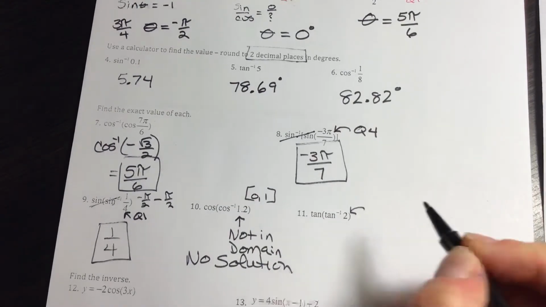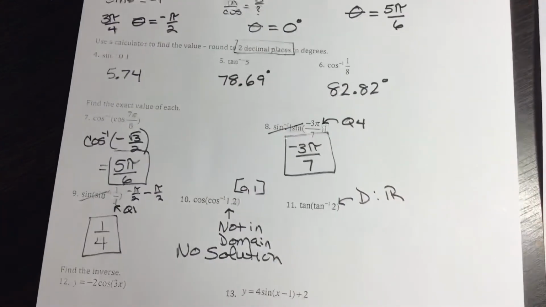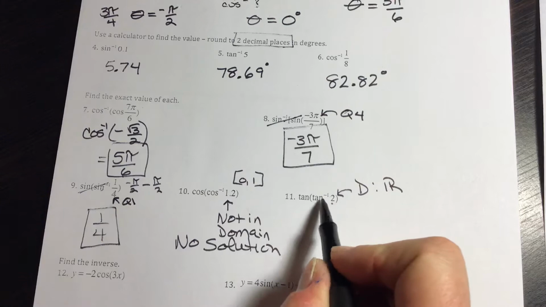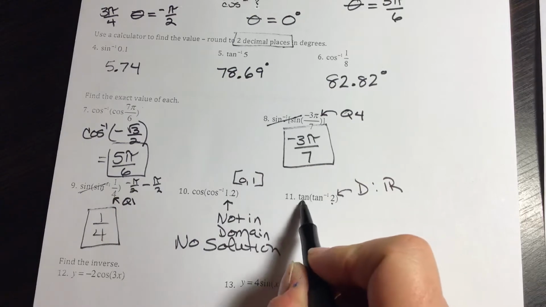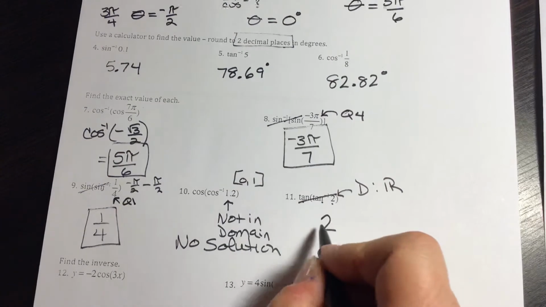And the domain for tangent is all real numbers, so it doesn't matter what I'm finding with inverse tangent. If I do a tangent and inverse tangent, they cancel, and I'm left with 2.